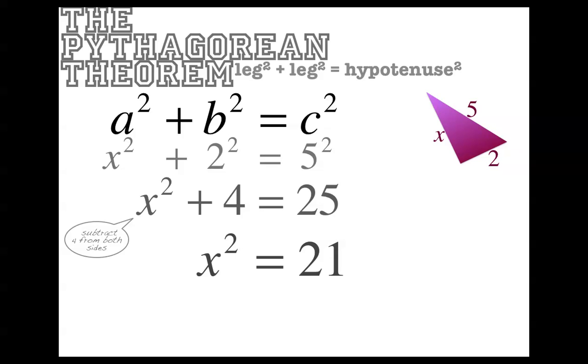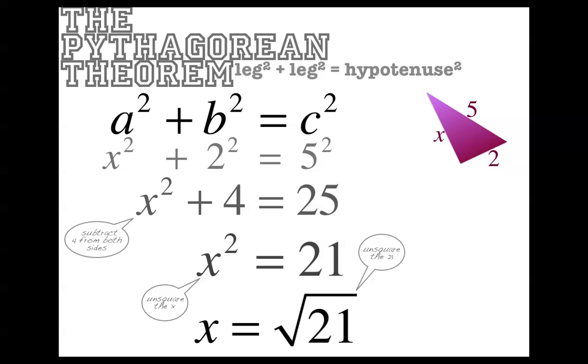But then, what number squared makes 21? I don't know how to unsquare 21. Oh, wait a second. If I want to unsquare the x to figure out what x equals, I've got to unsquare the 21 as well. And the math word for unsquaring is square rooting.